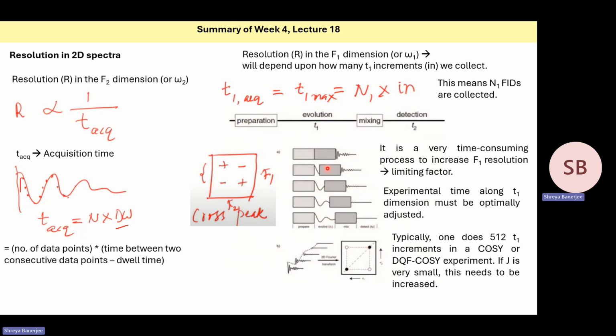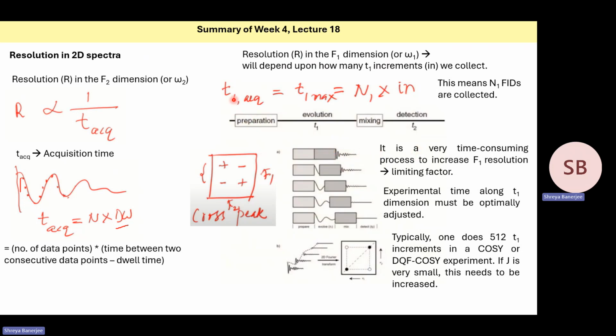So we saw that increasing the acquisition time in the omega 2 or F2 dimension is very easy. You just have to increase the time in which you are collecting the FID.